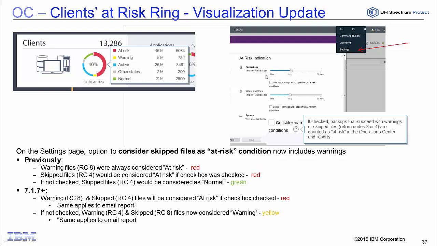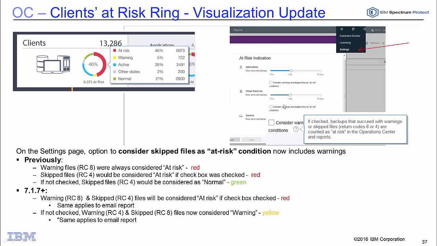So if during a client backup you had either warnings pop up or skipped files, that client will now show up in the at-risk part of the ring if you have previously clicked those consider warnings and skipped files as at risk.